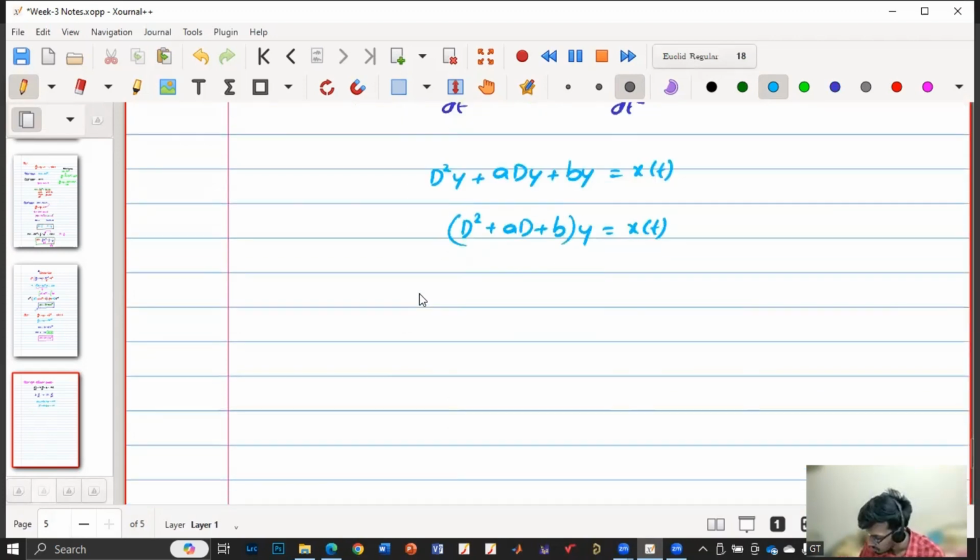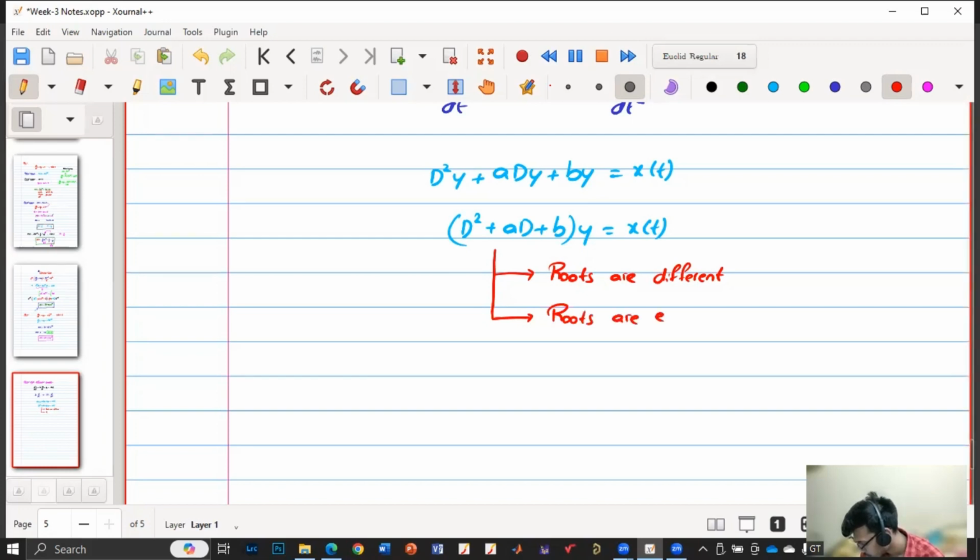Now, I'll consider two cases. First case, the roots are different, and the second case, the roots are identical or equal, which is a special case. For the first case, we'll assume that the roots are m1 and m2.